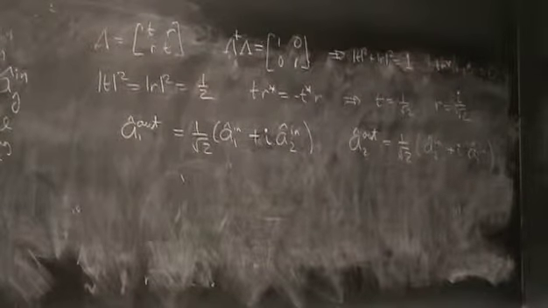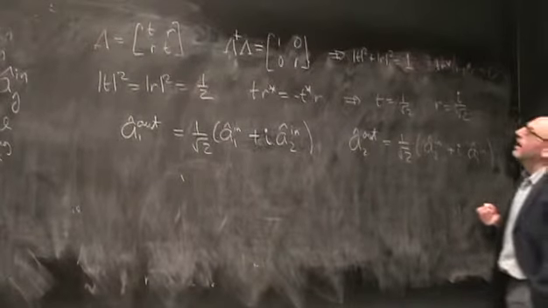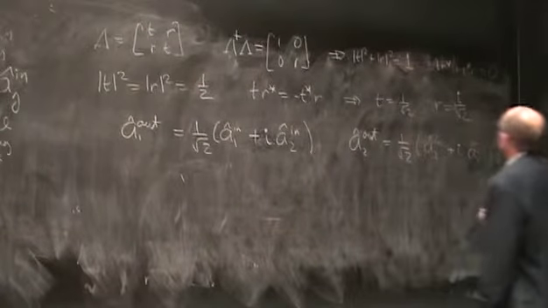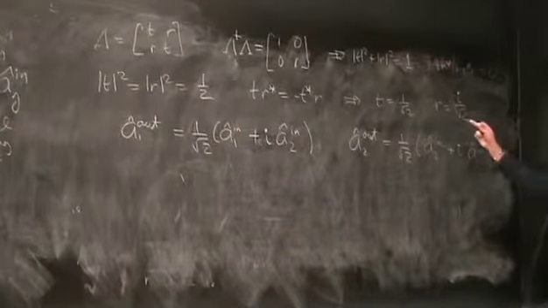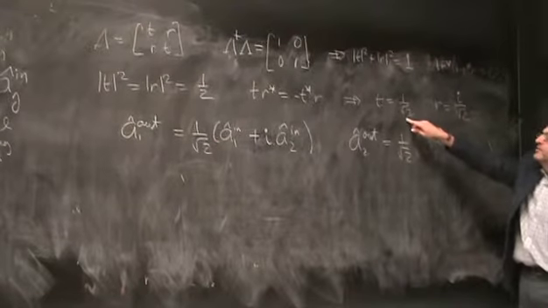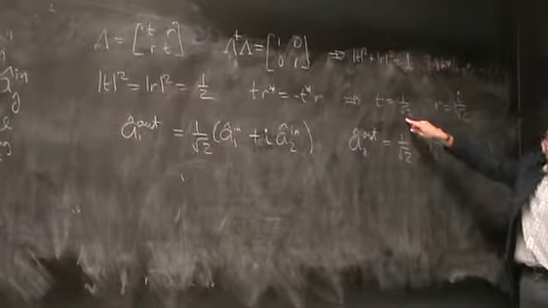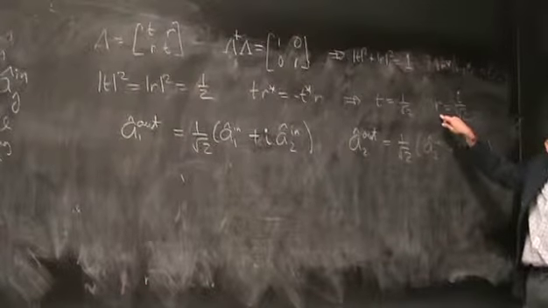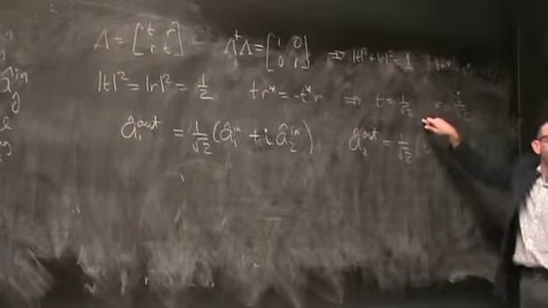You will so often see a 50-50 beam splitter written in a slightly different way, where it's not symmetric, where, say, the transmission amplitude is 1 over root 2, and the reflection amplitude is minus 1 over root 2.